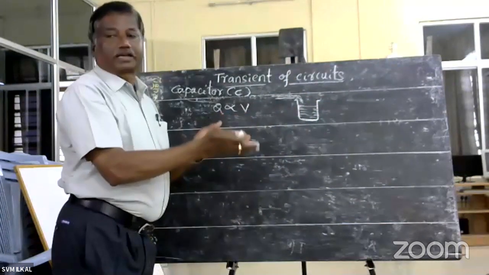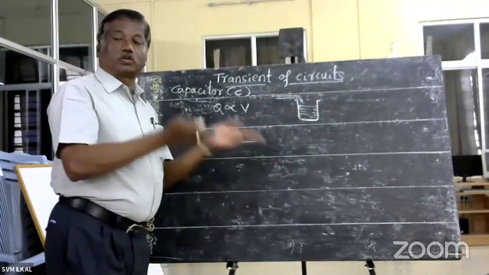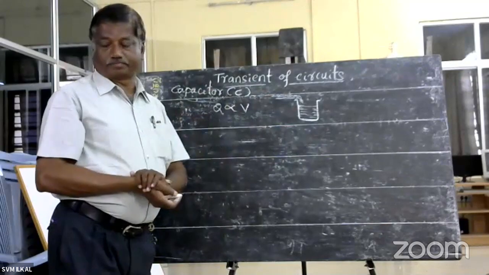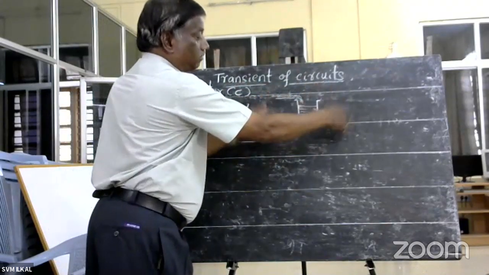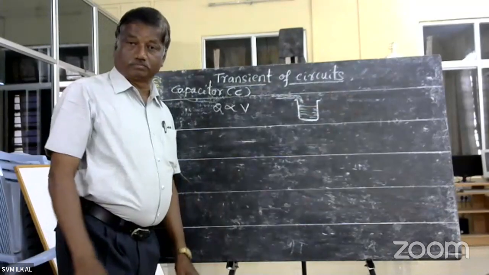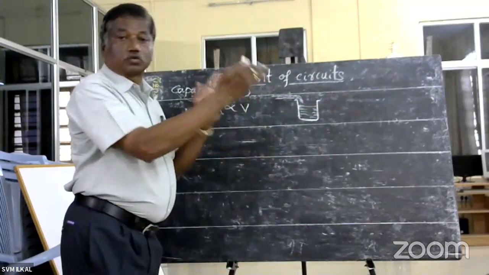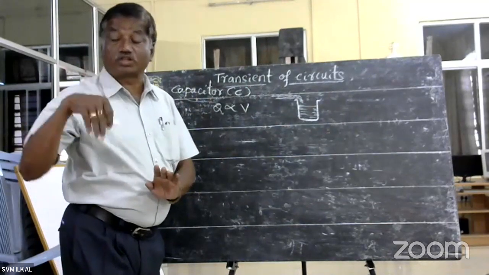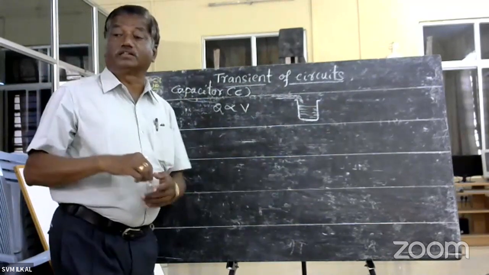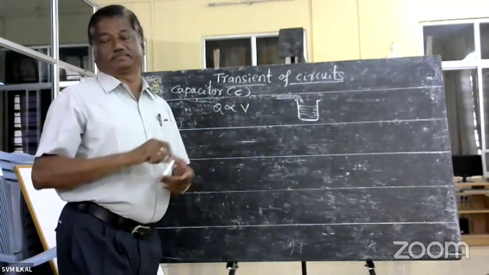If the volume of the tank is very small, within a short time it may fill. If the capacity of the tank is more, then it can store a maximum volume of water. That is, the capacity is to store the quantity of water in the tank.